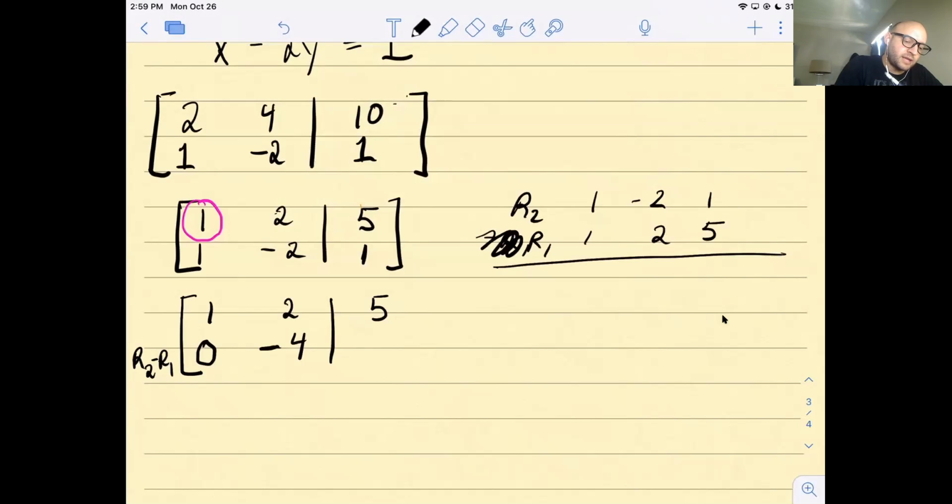If I subtract the rows, it's like subtracting the equations. We're just combining equations. This is like x, y equals, and this is like x plus y equals. Same exact thing. You get 0x, you get minus 4y, and then you get minus 4. So R2 minus R1 is going to be 0, minus 4, minus 4.